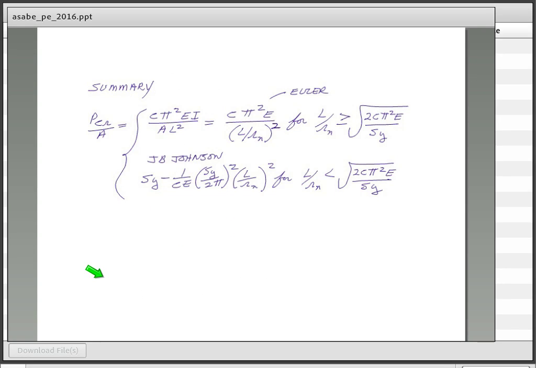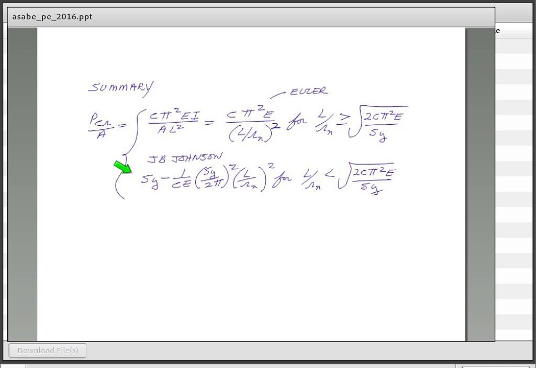And so to summarize all of that, if we're trying to get to a critical load divided by the cross-sectional area, that's going to equal this amount, where L over the slenderness ratio is greater than this amount.